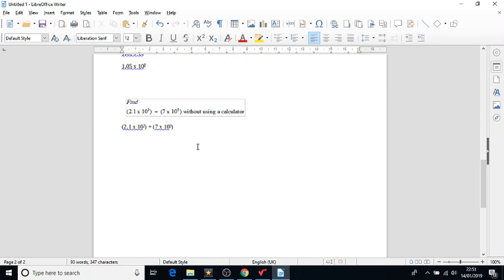So you want to put the like terms together. 2.1 divided by 7, and you want to put the powers of 10 divided by each other also.